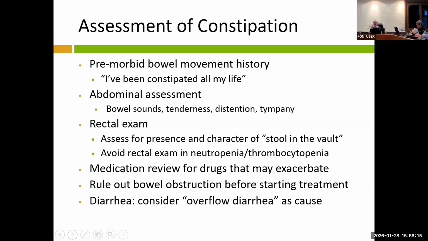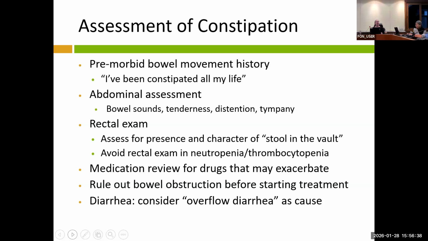However, you have to avoid a rectal exam if they're neutropenic, so take a look at their blood counts again before you do that. And then you definitely want to do a medication review when you do your assessment, and you want to rule out bowel obstruction before starting your treatment. Okay.